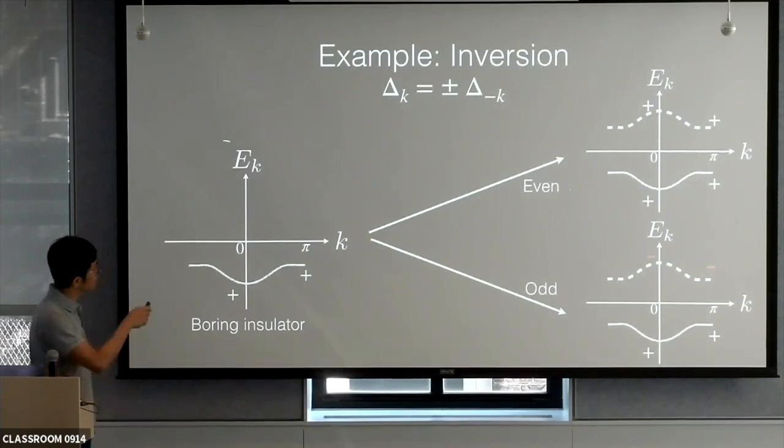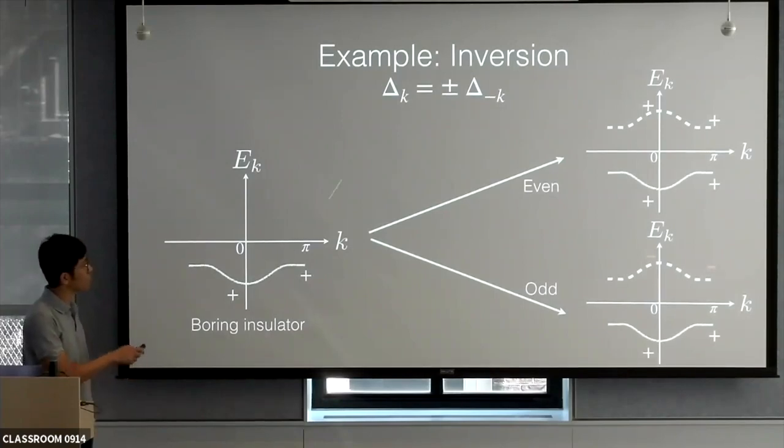But then on the left-hand side, I just have the usual boring one-dimensional insulator with inversion, and maybe the representations of inversion would be positive parity at both 0 and pi. So that's just the original case. And now imagine I magically can add superconductivity to it, such that I'm forced to use the BdG formalism, at least formally.